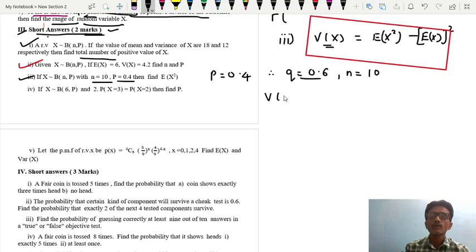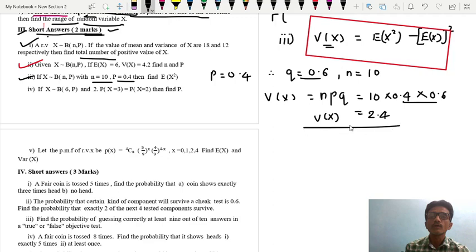V(x) will be npq, where n is 10, p is 0.4 and q is 0.6. This is 0.24 and in all you will get 2.4. That is V(x).